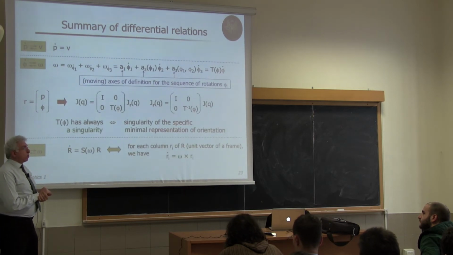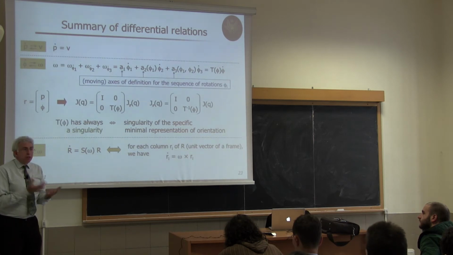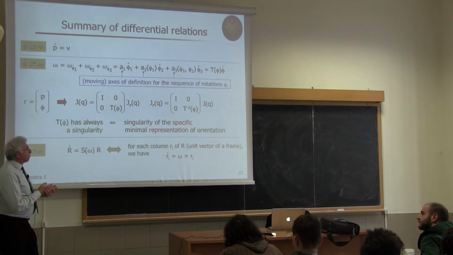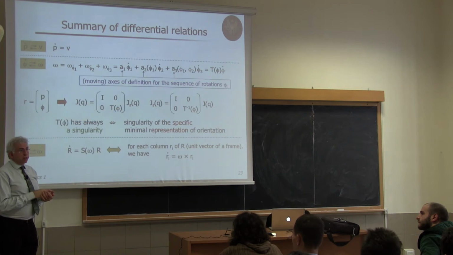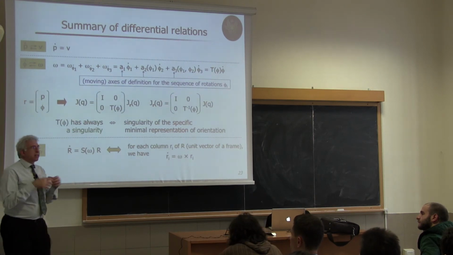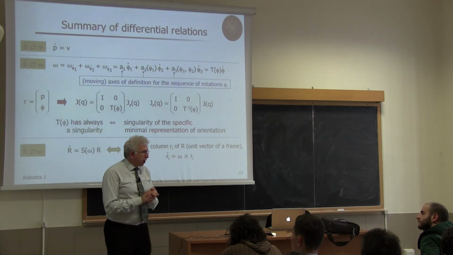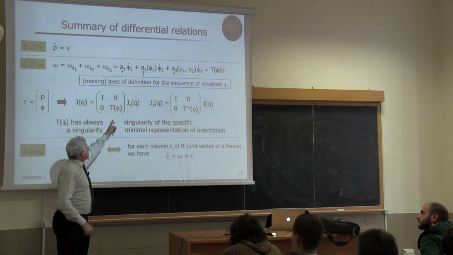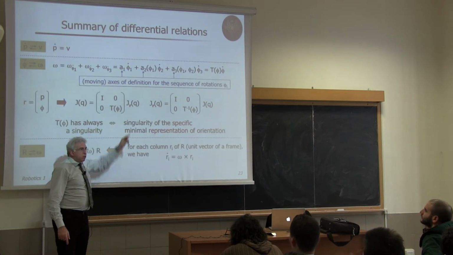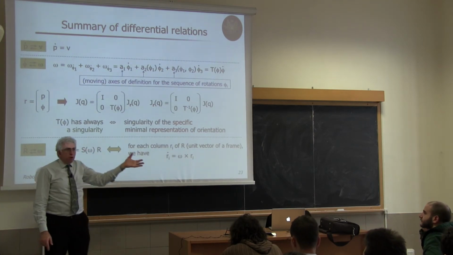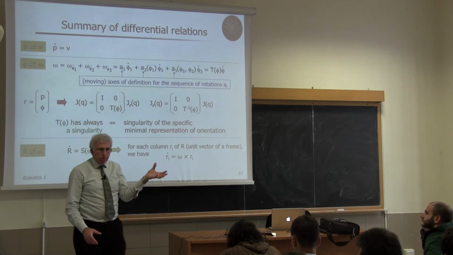Which means that if I look for the singularities of one of the 2 Jacobians, in particular of the analytic Jacobian, I will include not only the singularities which are strictly related to the kinematic structure of the arm, but also the singularities of this matrix, which are only related to the way in which I want to represent the orientation of the end effector.